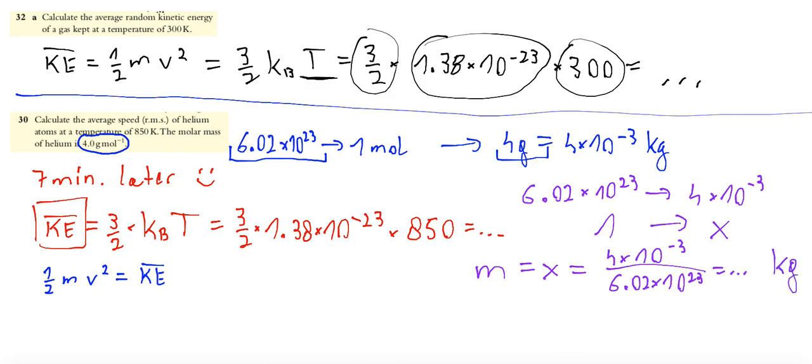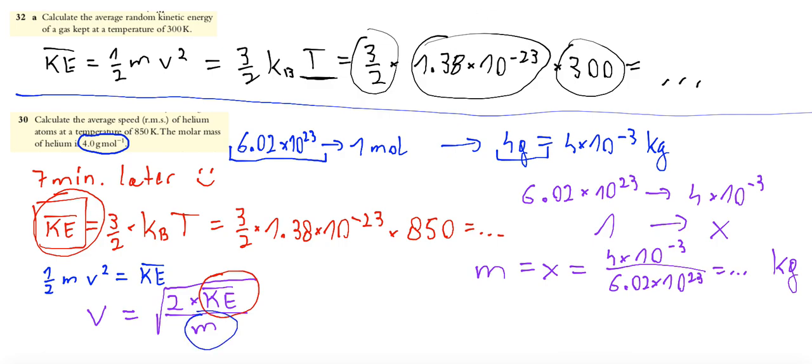So finally you can calculate speed as the square root of 2 times average kinetic energy divided by m, where kinetic energy was calculated here and the mass of one molecule was calculated here.